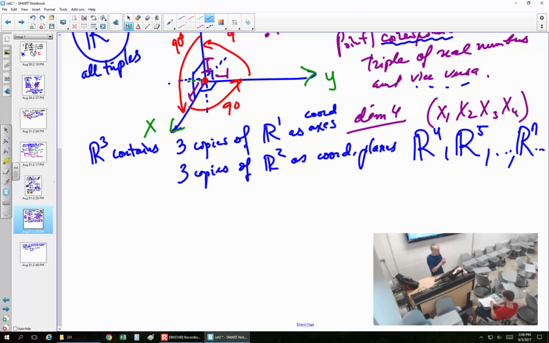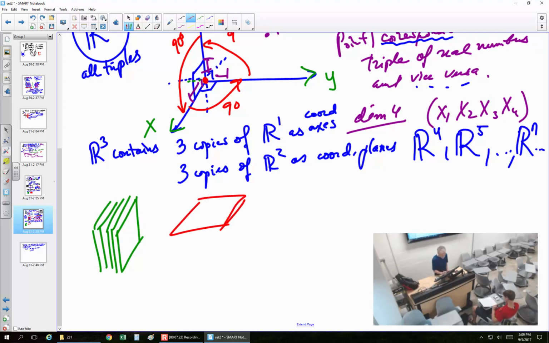And you can stack them up in three ways to create, once again, the three-dimensional space. Think of a book. As simple as that. You can go this way and have a stack of copies of R2, or you can go horizontally like this, and vertically. Which one is left? This one, facing us.